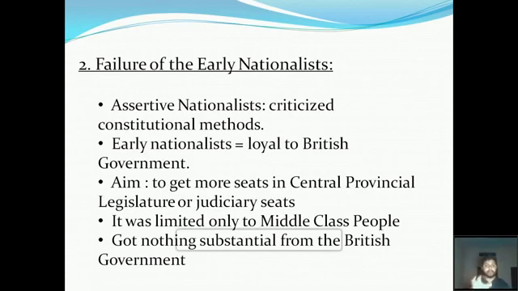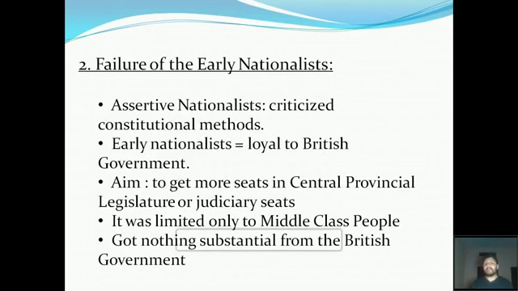Once the number of Indians increased in the central provincial legislature, they could influence the making of rules and regulations for the nation. Once the number of Indians increased in the judiciary seats, again Indians would get justice. These were the measures, methods and ideology the early nationalist leaders were having.